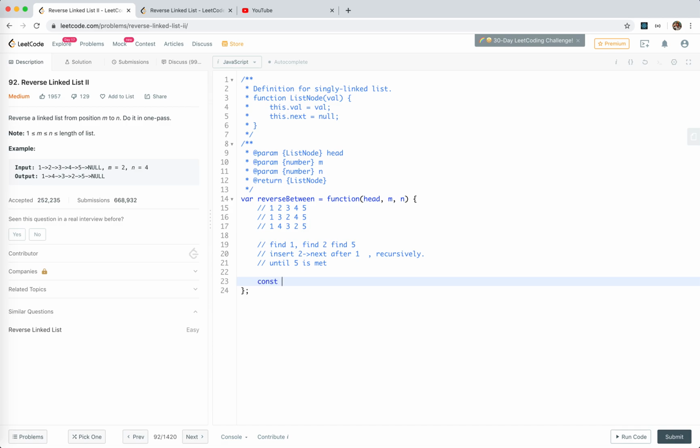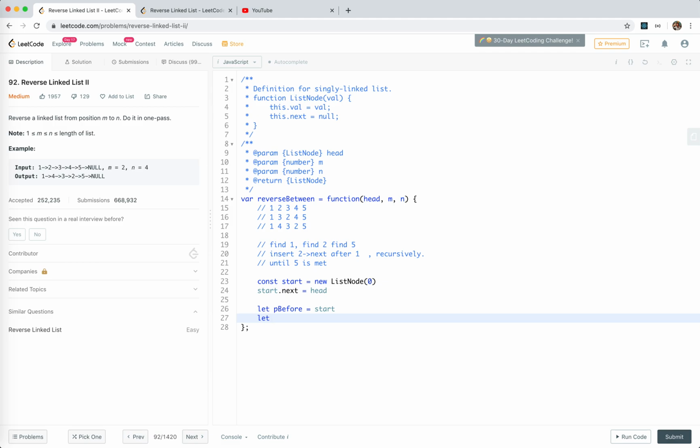So const start equals new ListNode(0), start.next equals head. The input m, n is supposed to be valid, so we don't need to care about the irregular cases. Now let p before equals start.